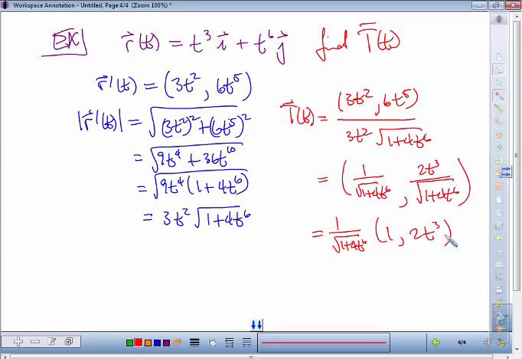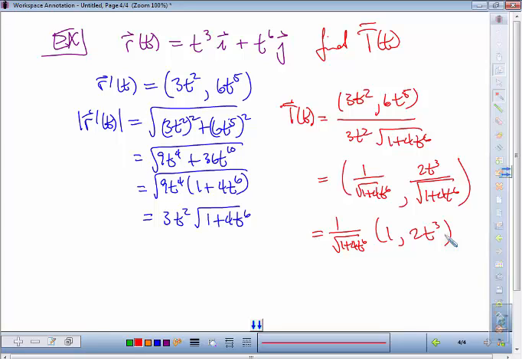All right. So what this is saying is that as you move along the curve, the length of your tangent vector is changing. By the way, I should have said something else about the length of the tangent vector.